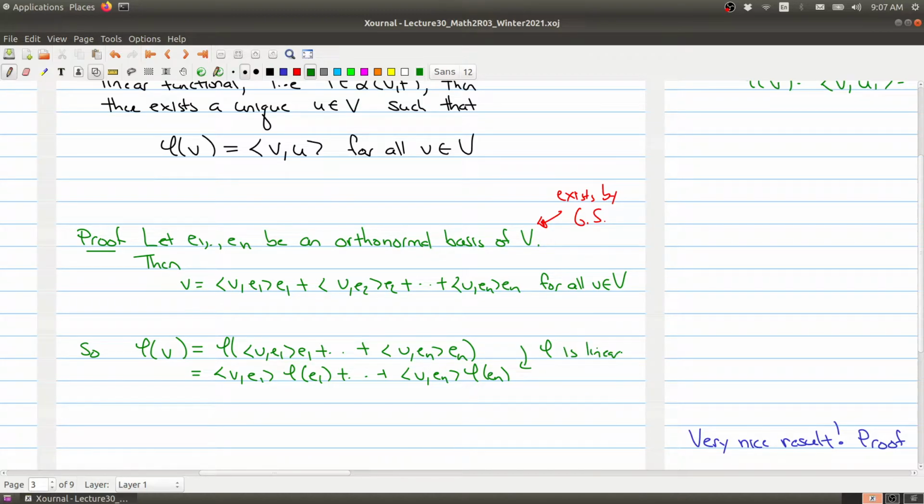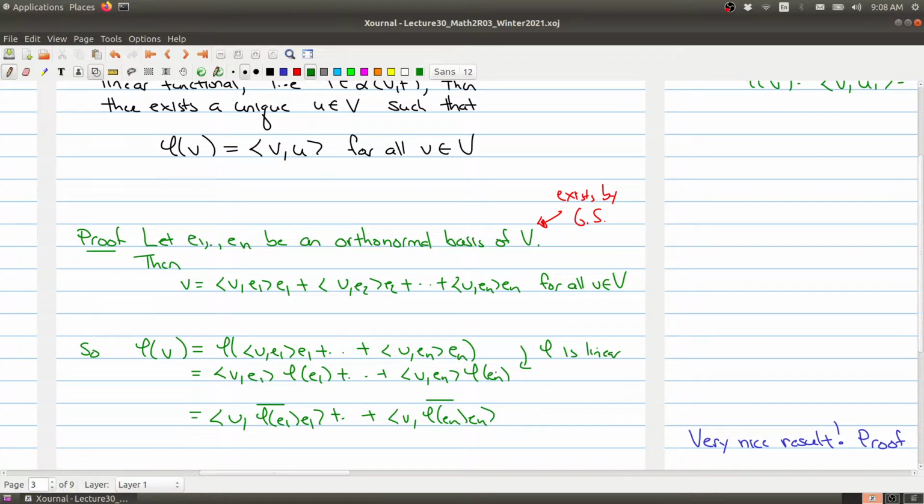Okay, and now what else can we do? Well, notice that all of these phi values here are numbers, so these are actually constants as well. And so we can pull them into the inner product. We can either pull it into the first term or into the second term, and what we're going to do is pull it into the second term. But when we pull it into the second term, remember that the properties of inner products tell me that I have to take the complex conjugate of that number.